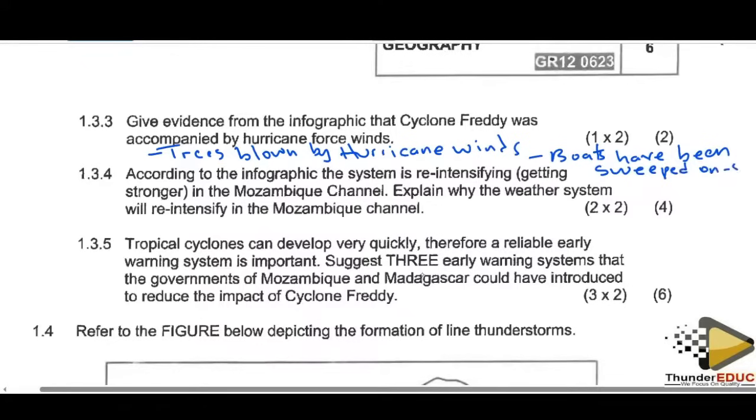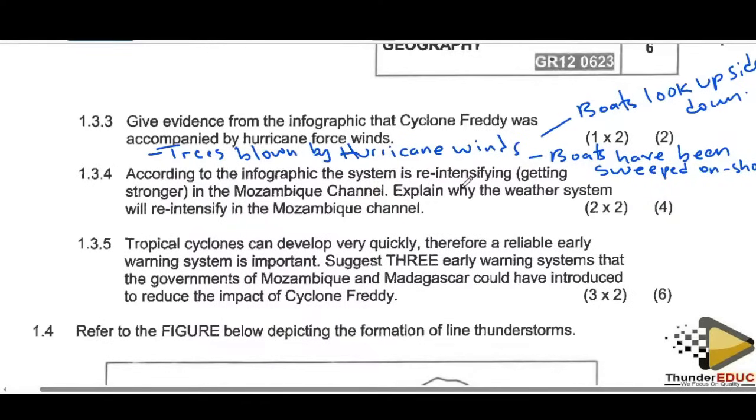Or we could as well say boats look upside down, which is not the case. So those are the three evidences we could give to prove that Cyclone Freddy was being accompanied by hurricane force winds.